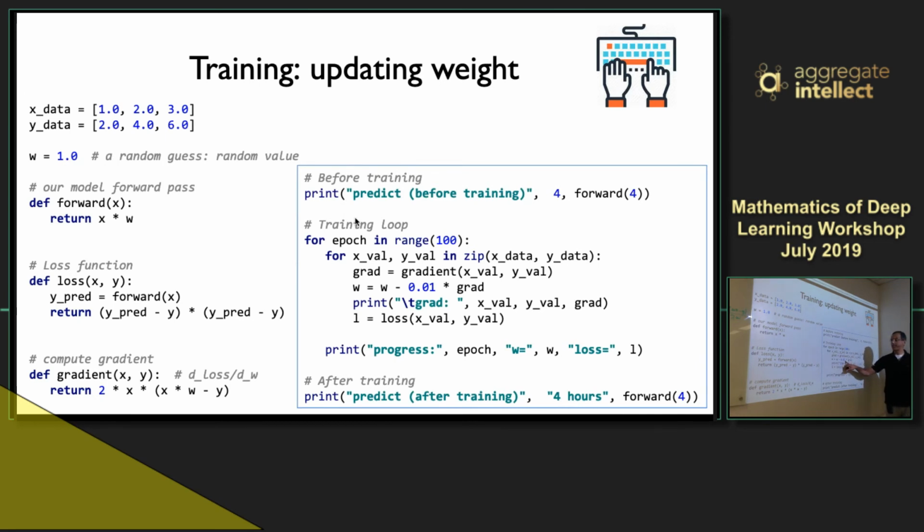And we pick the learning rate to be 0.01, so 1%, multiplied by the gradient, subtracted from the current value of the parameter, and then compute the loss, and then do it 100 times, and then we look at where we are after taking 100 times.